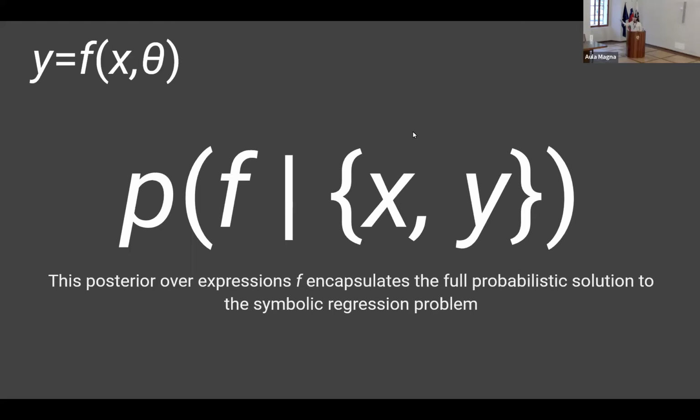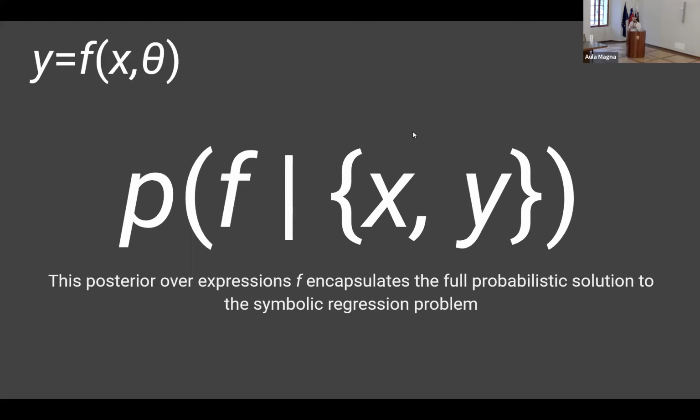So since we have uncertainty, we want to find models like this: the output is a function of the inputs, a given unknown function. What we claim is that the whole problem is described by this probability distribution that gives us the probability of the function, the expression f, being the correct one that generated the data, given the data. So we claim that this is the distribution that we want to find.